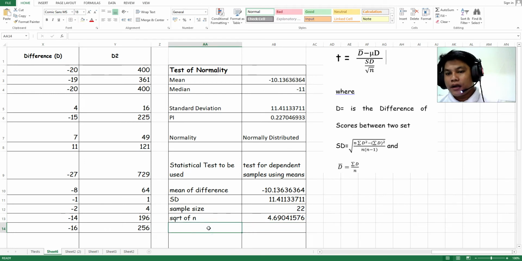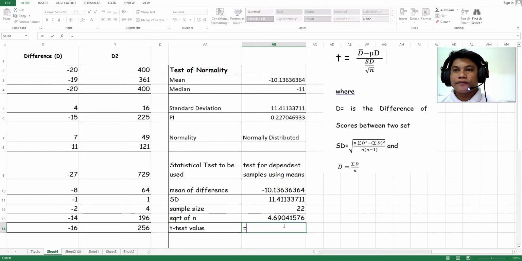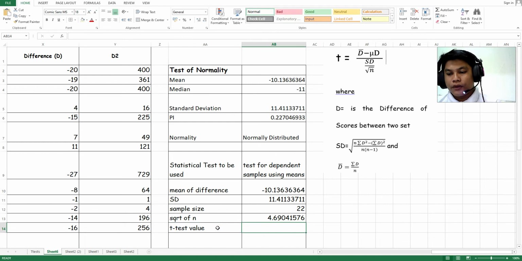So therefore, our t test value is equal to, before the t test value, we have to get first the quotient.